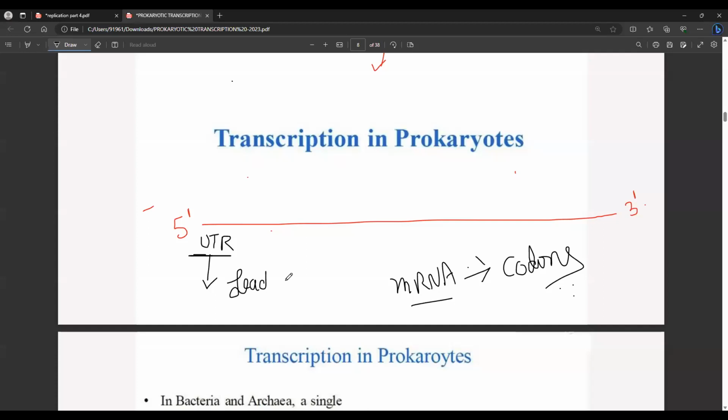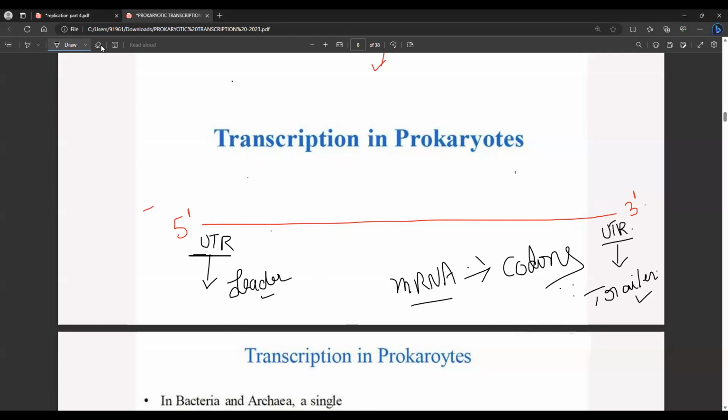And at the 3' end also, there is another UTR region, which we generally call the trailer sequence. One is the leader, one is the trailer sequence. Please don't get confused with that.